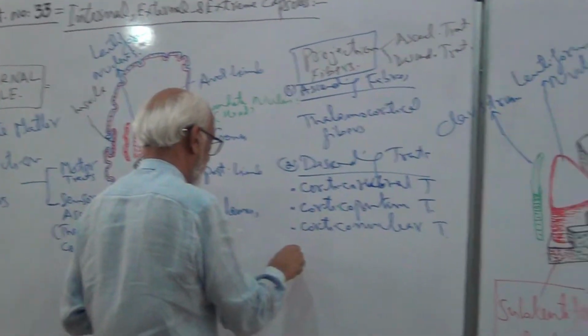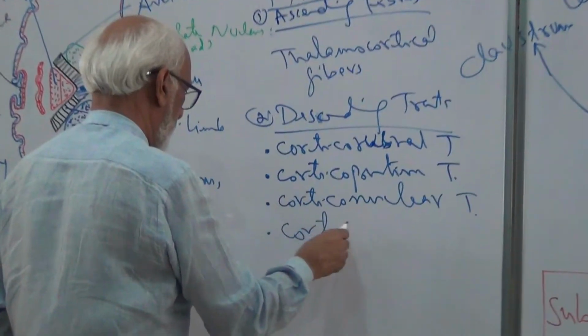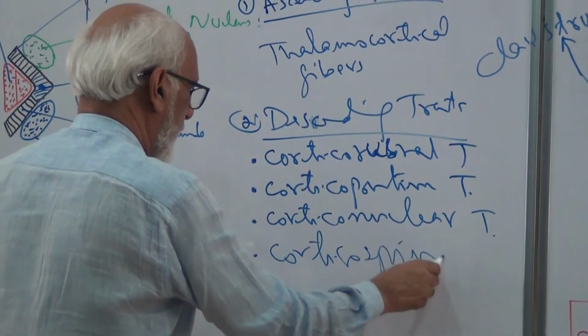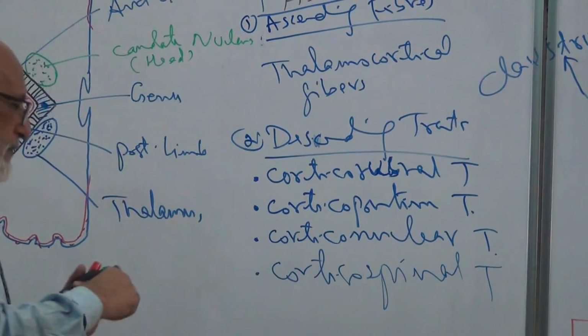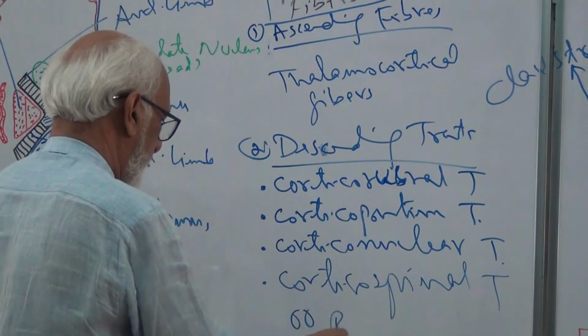Then another tract, cortico-spinal tracts, also known as pyramidal tracts.